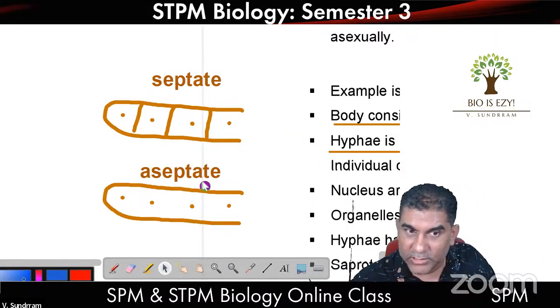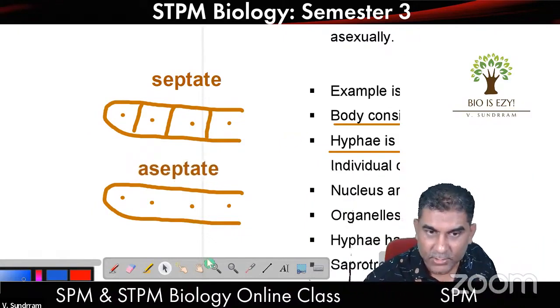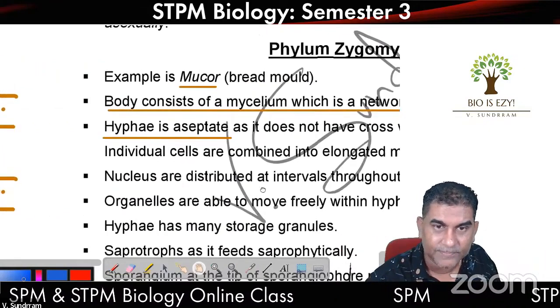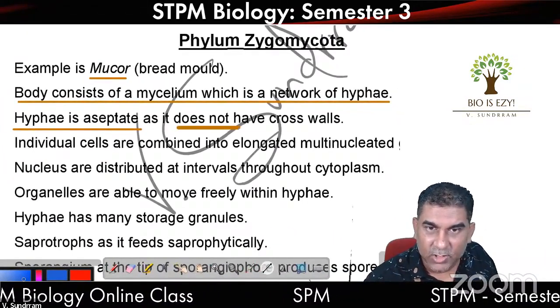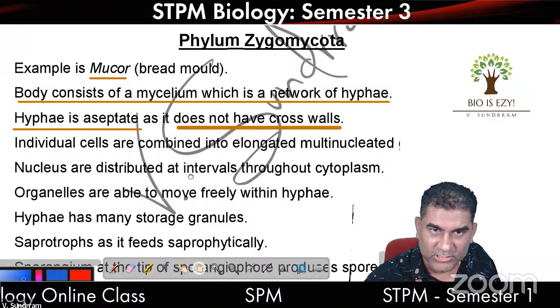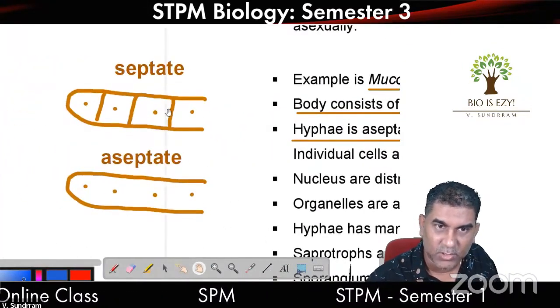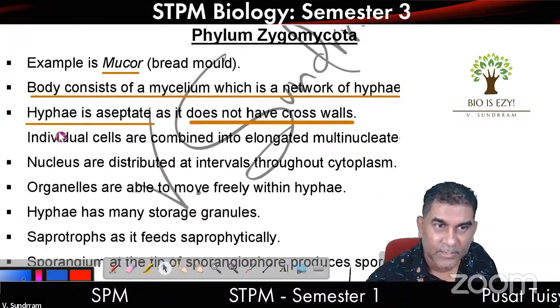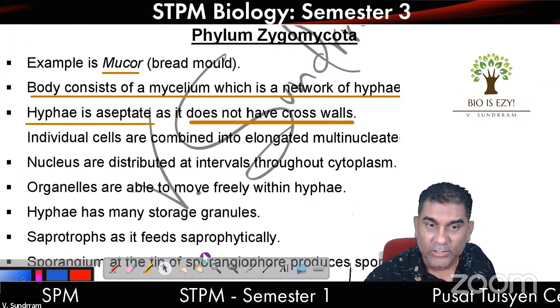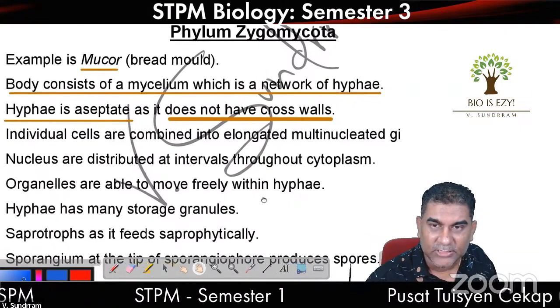So Mucor is aseptate. Aseptate does not have a cross wall. The cross wall is this. It doesn't have it. So individual cells are combined into elongated, multinucleated giant cells.